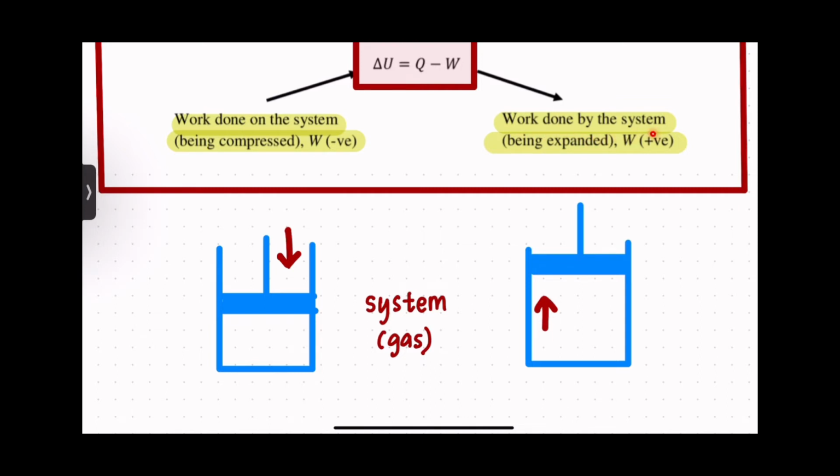So work done by the system, or work done by the gas being expanded, means W will be positive. Now let's say we compress the gas, the system. Work done on the system, which is being compressed, means W will be negative.